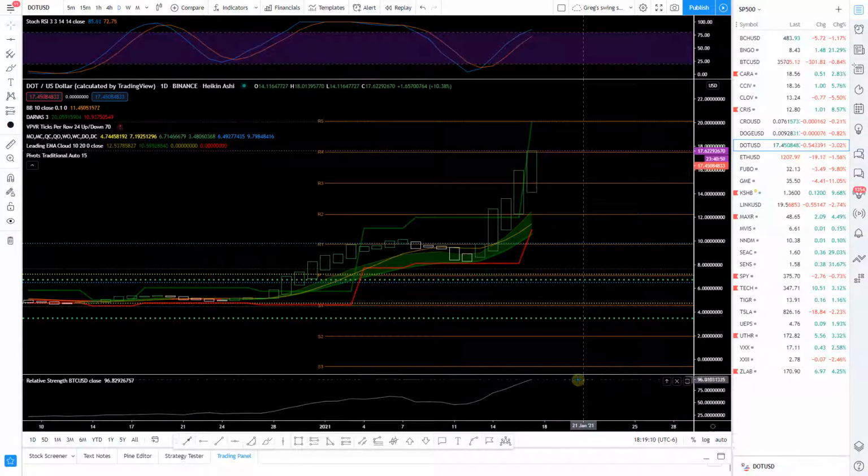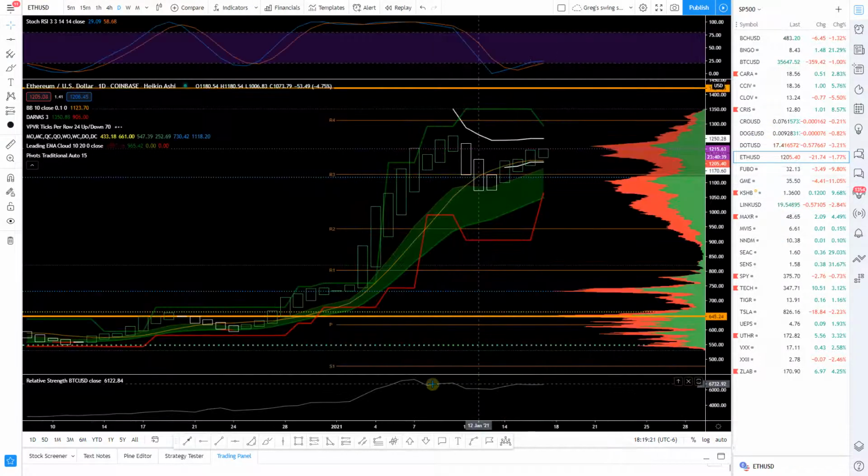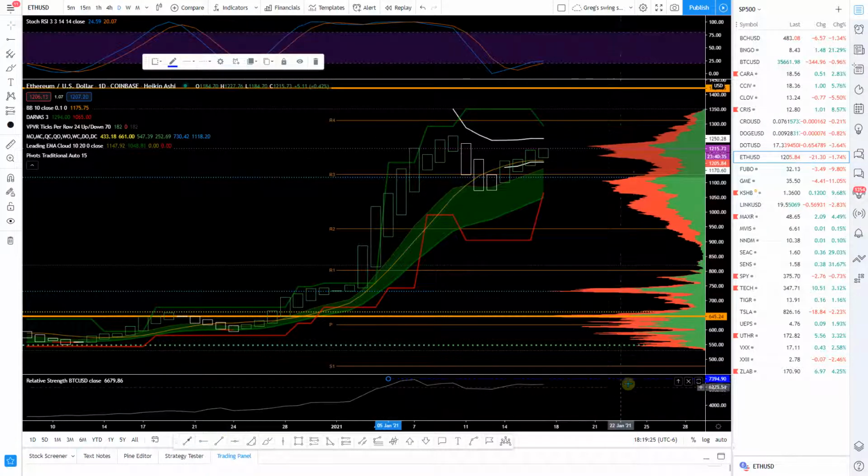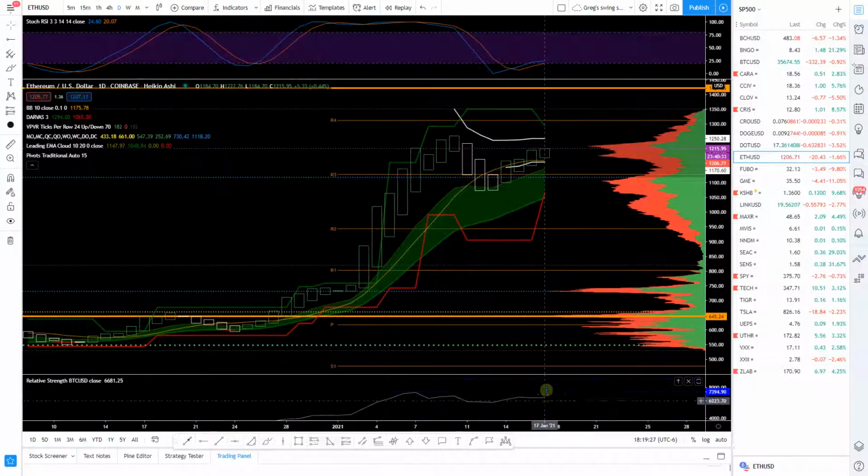So if you were going to buy one of these coins, which would you rather buy? Would you rather buy ETH, which is not trading at new highs, versus Bitcoin? I mean, we got a line right here that's telling us the last high was right there. So, it's lagging Bitcoin.